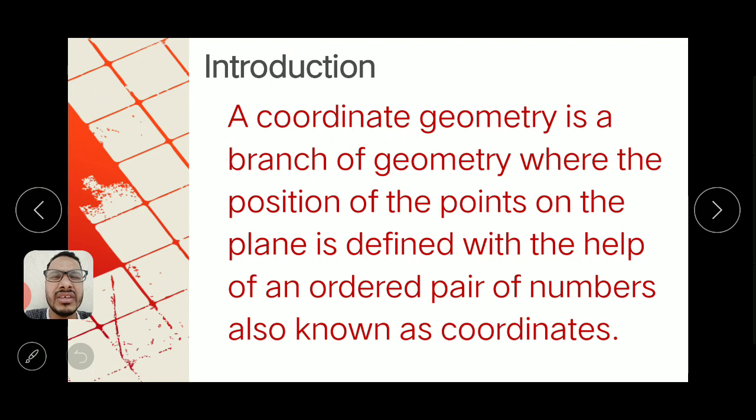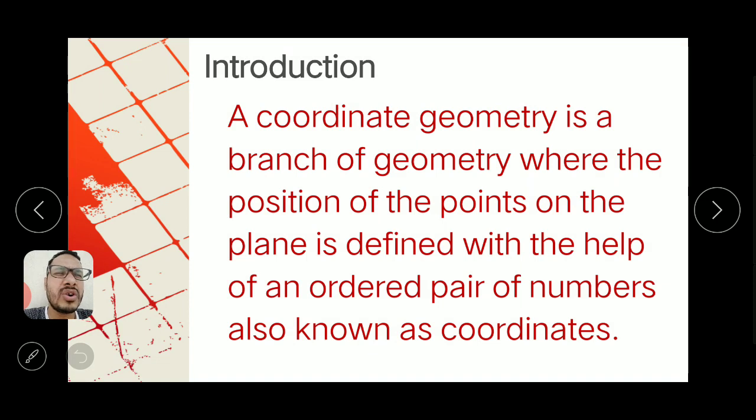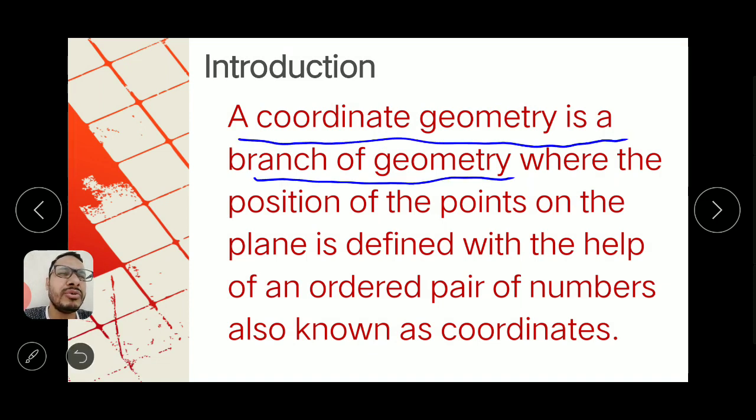See, coordinate geometry is a branch of geometry. So you must be knowing what geometry is first of all. What do you mean by geometry? Geometry is divided into two words basically. If you divide this word into two sections, you get geo and metry.